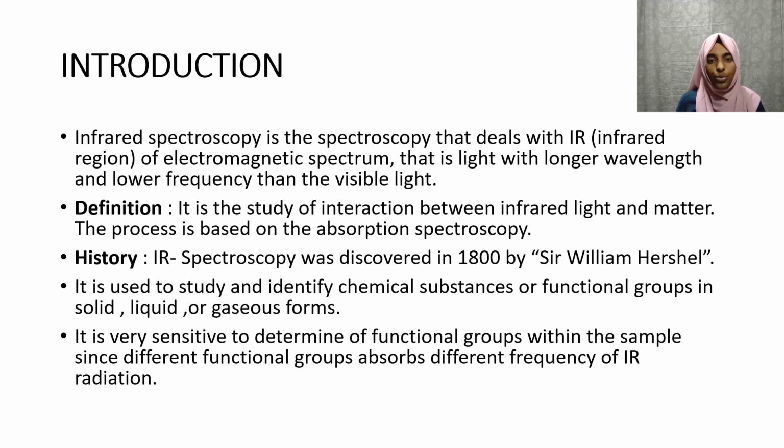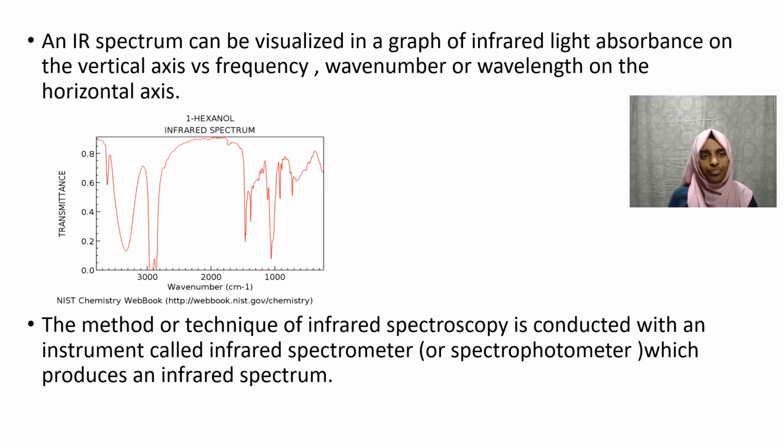It is very sensitive in determining functional groups within the sample, since different functional groups absorb different frequencies of the IR spectrum. IR spectroscopy can be visualized in a graph of infrared light absorbance on the vertical axis, which is the y-axis, versus frequency or wave number or wavelength on the horizontal axis, that is the x-axis.